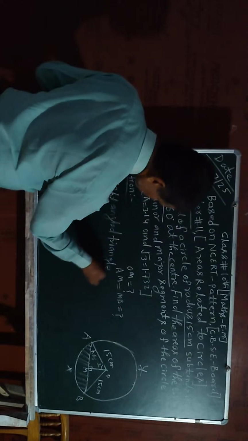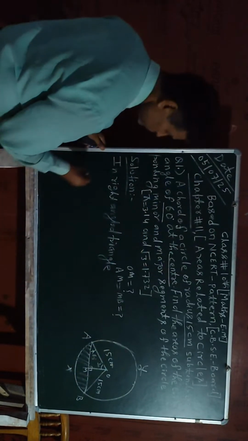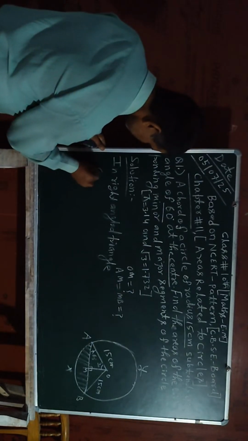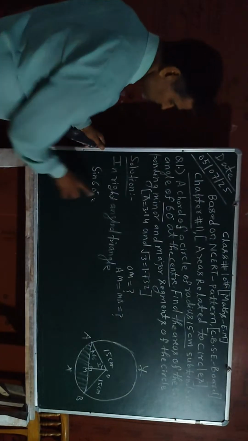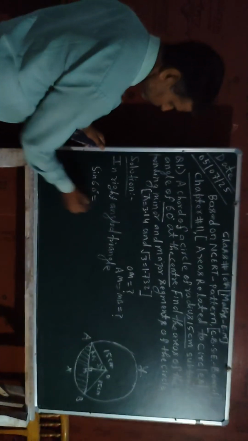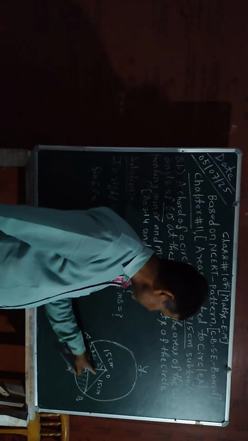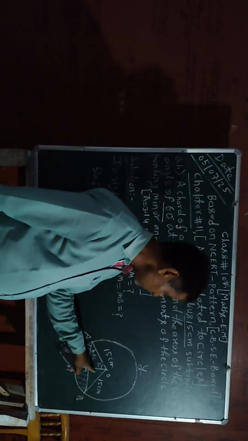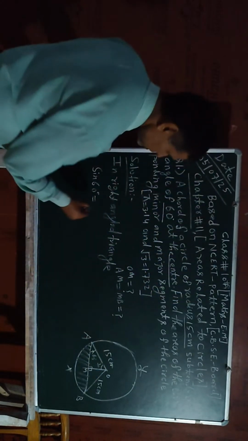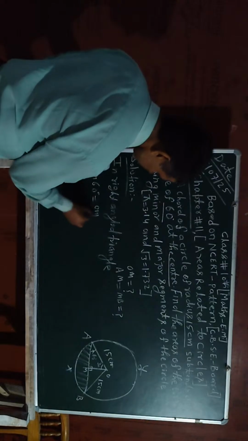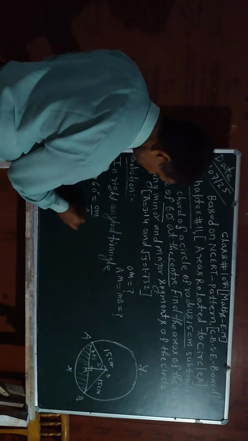In right angle triangle AMO, I will write sine 60 degree, which is equal to perpendicular divided by hypotenuse. If I consider this angle, the perpendicular is OM and the hypotenuse will be OA. So I am going to write OM divided by AO.